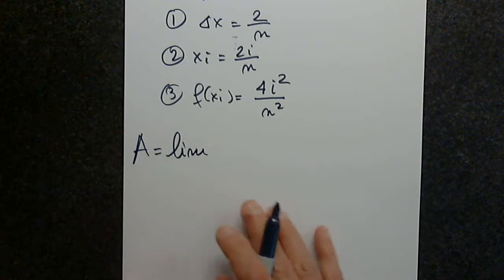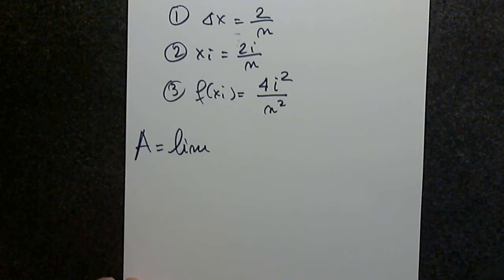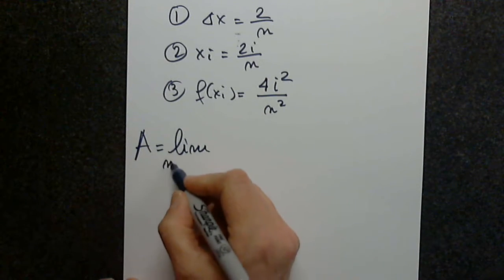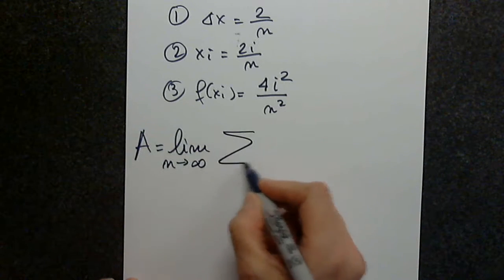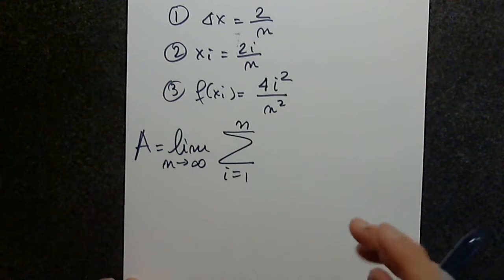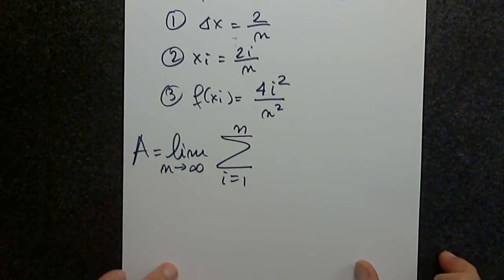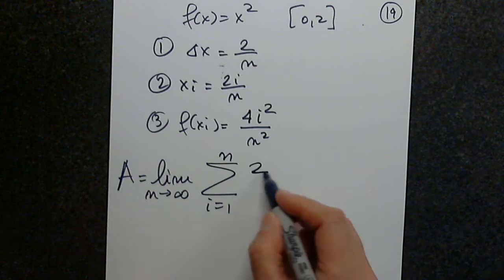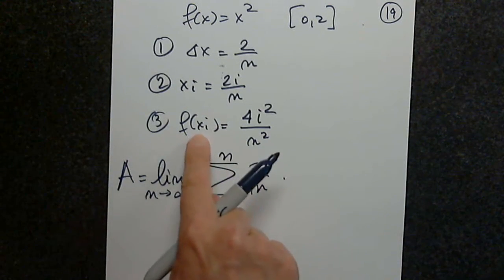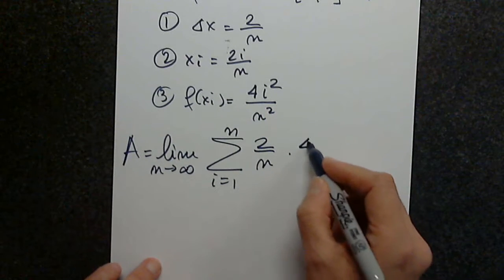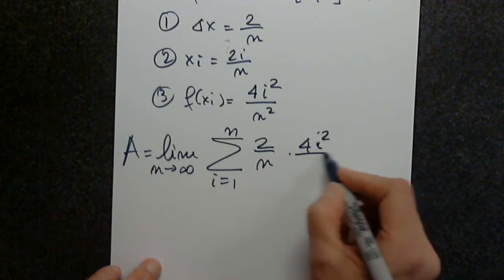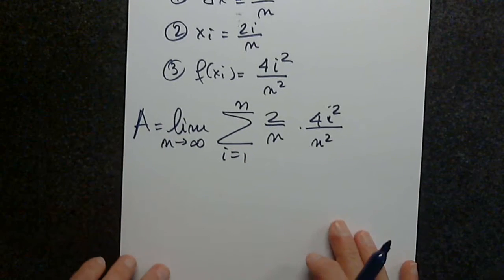Limit? Yes, after we did the first thing, it took us 20 minutes. So n approaches infinity of the sum from i equals 1 through n, the base of the interval, delta x, times the height of each interval, 4i squared divided by n squared.